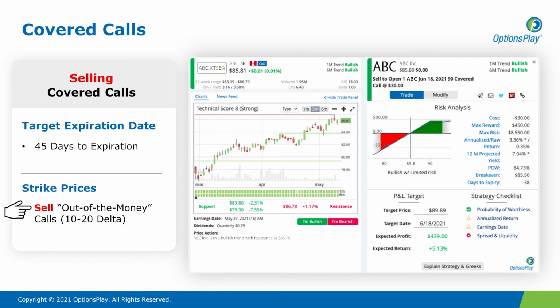So we tend to find that it's better to actually deprioritize the amount of income that you receive and prioritize the upside of the underlying stock before that stock is called away, before you lose that stock. So for covered calls, we tend to find that selling a 10 to 20 delta covered call is the optimal strike price to use.